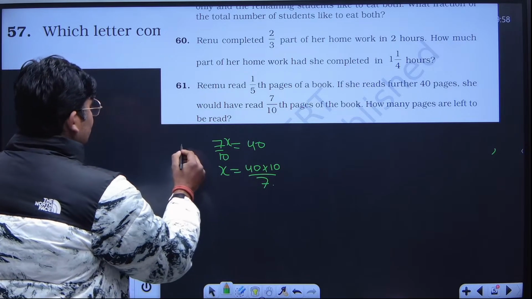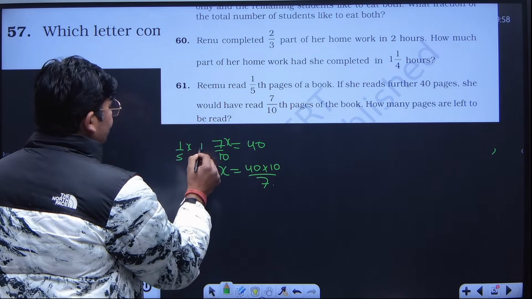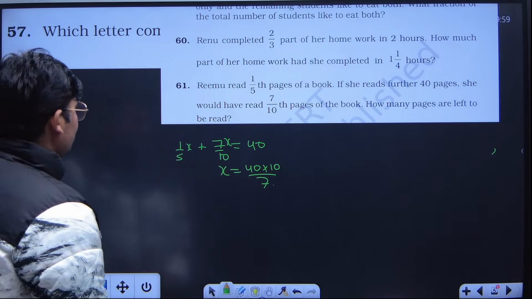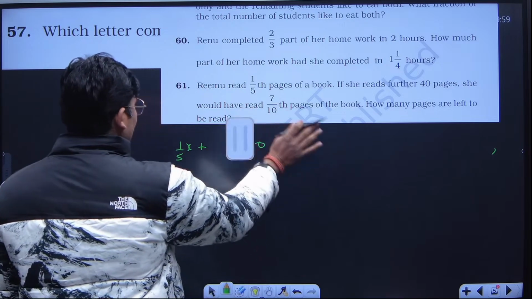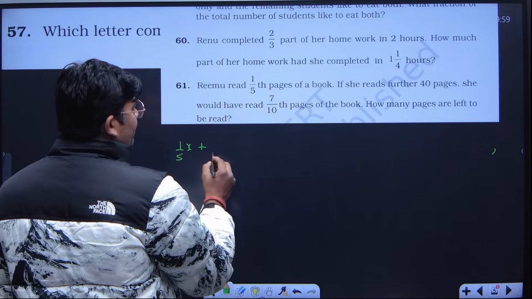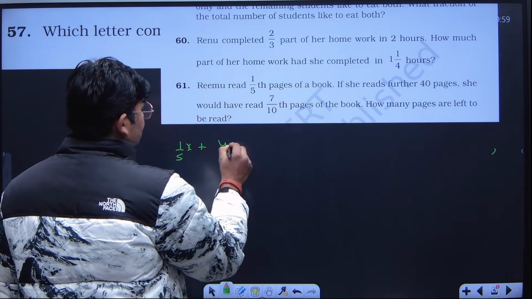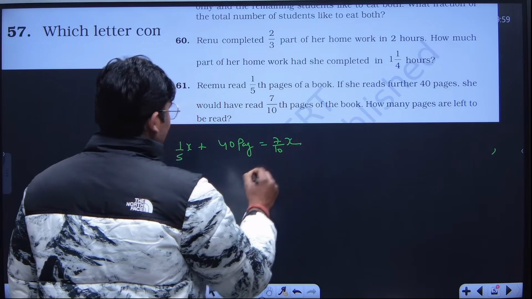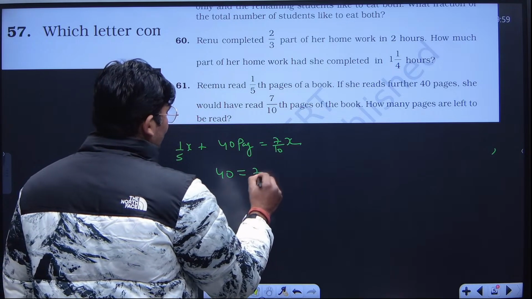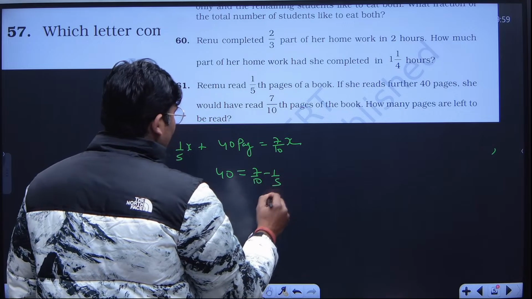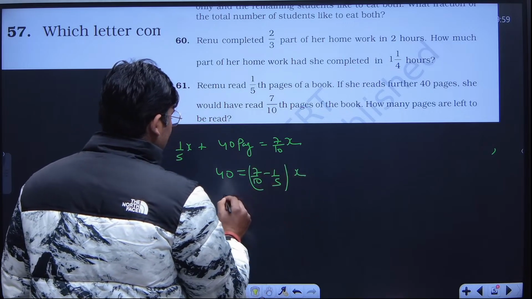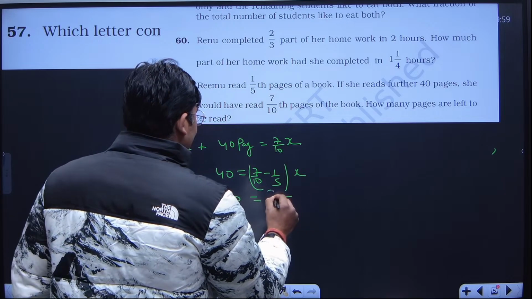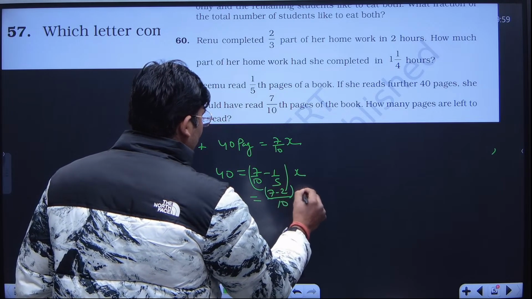So 1 by 5 x plus 7 by 10 x, which is equal to, sorry, 1 by 5 x plus 40 pages is equal to 7 by 10 x. So 40 pages is going to be 7 by 10 minus 1 by 5 times x. So 40 pages is equal to (7 minus 2) by 10 times x.